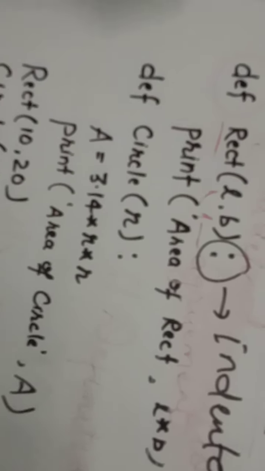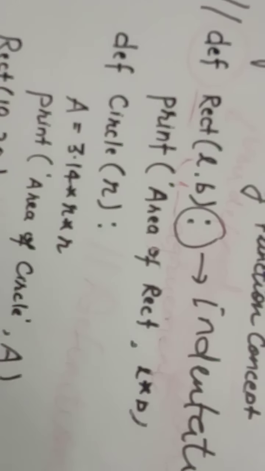This part is the definition part of the function, because here we are going to define the logic of the function. What we have defined here is that we have printed the area of the rectangle. In the same program, the second function we have defined here, and the name of the function is circle.